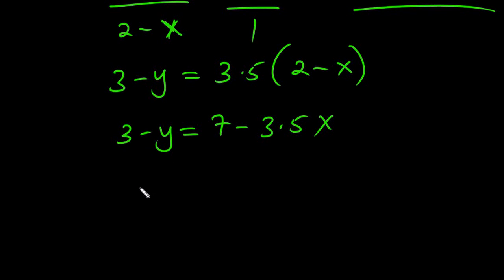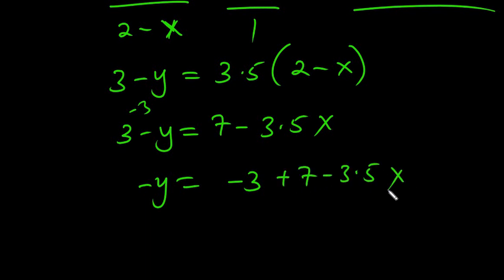So we need only y on this side. So it's going to be negative y is equal to, so we can subtract 3 on both sides, and it's going to be negative 3 plus 7 minus 3.5x, which is going to be negative y is equal to negative 3 plus 7 is equal to 4, then minus 3.5x.